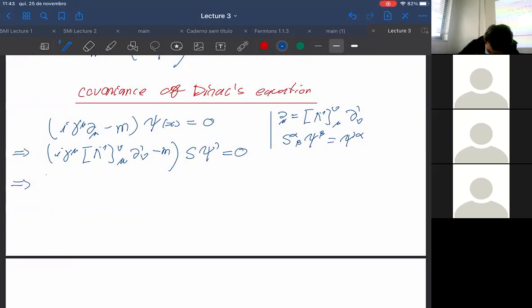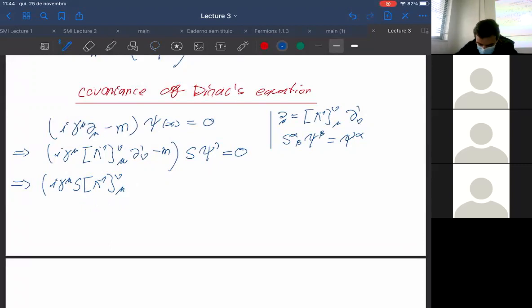Now let's put the S, gamma mu, and here I will already put S. I'm omitting indices: only the four space-time indices mu, nu are not being omitted, but the spinor indices are.